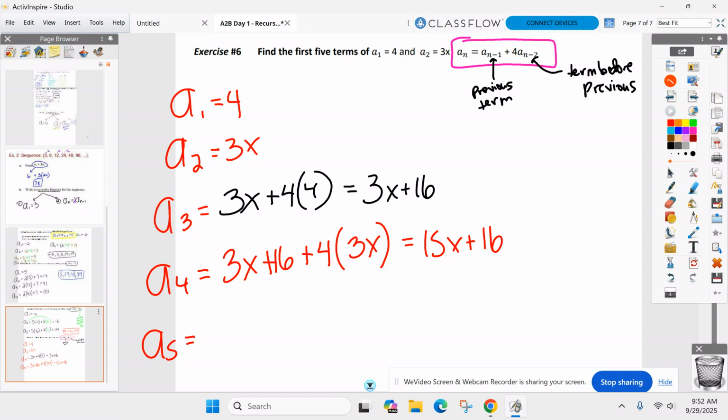We're on the fifth term. What was my previous term? The fourth term, which is what? 3x plus 16. Okay, but we simplified that. Oh, 15x plus 16. That previous term plus 4 times what, the term before that?